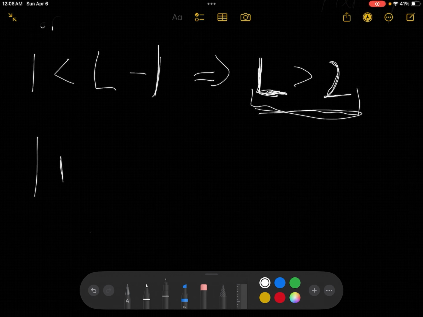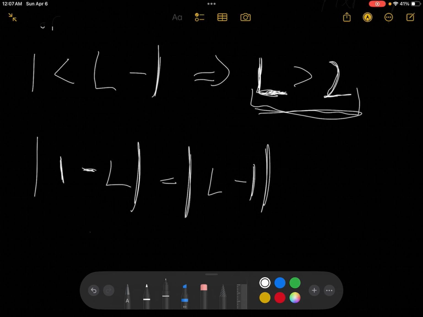So if we consider the equation absolute value of 1 minus L, well, this is equal to the absolute value of L minus 1. This is by the property that the distance between A and B is the same as the distance between B and A, as per our workings earlier.